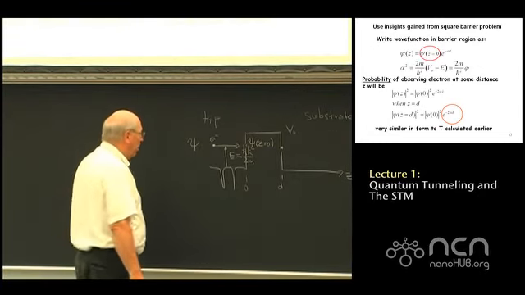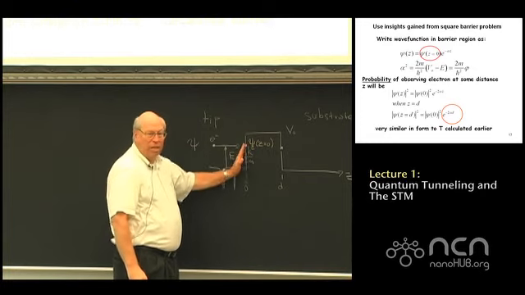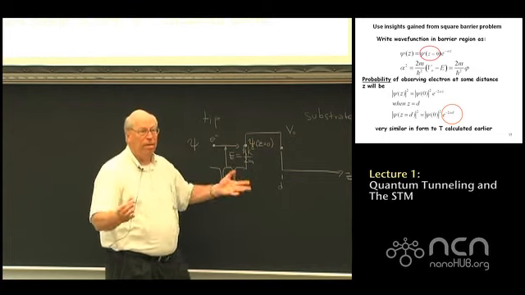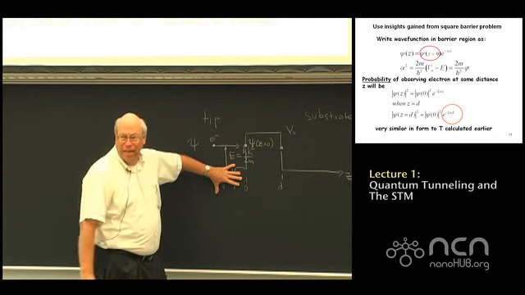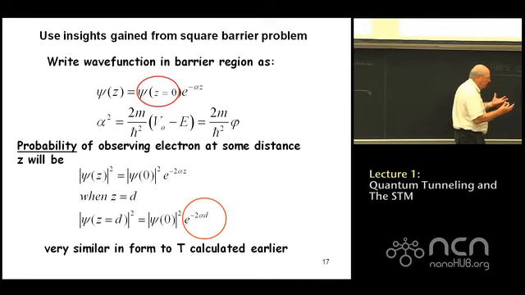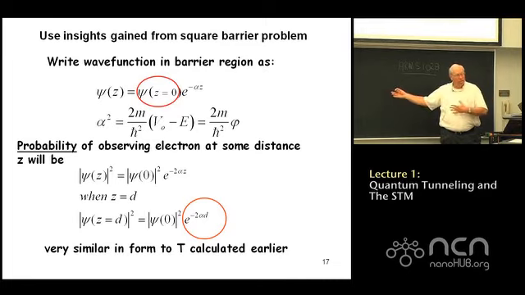The new thing that these atomic cores introduce is that the probability that you find an electron at some energy here at z equal to 0 is a function of all the details of these atomic core potentials. So in a nutshell, that's how you go from a simple square barrier model that everybody solves in an introductory quantum mechanics course to a realistic model for electrons going from a tip to a substrate, where you include the tip atoms and the substrate atoms.